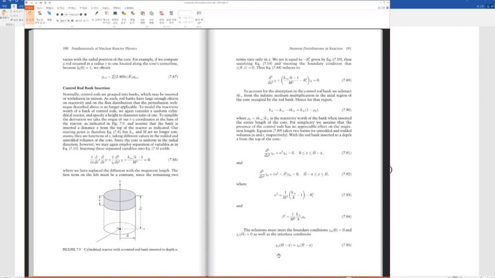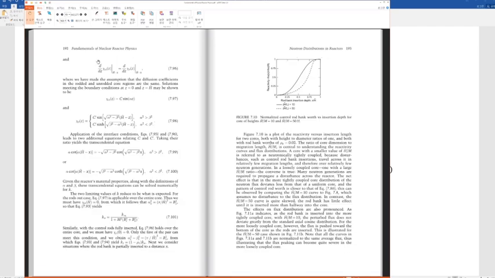And also, neutron current should be continuous. That means the first derivative in the unloaded volume and the first derivative in the loaded volume at the interface should be the same.